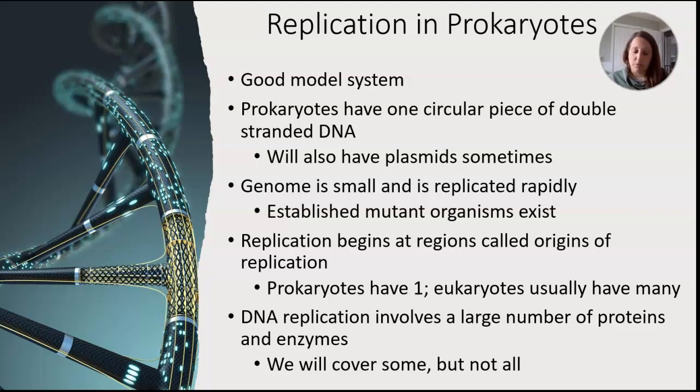If we create a mutation that knocks out a protein, we can study how that affects replication, and therefore we can learn about the role of that protein in the process of replication. Replication also only starts at one region in prokaryotic organisms, called the origin of replication. In eukaryotes like us, we have many. Again, I'll talk more about eukaryotes after.